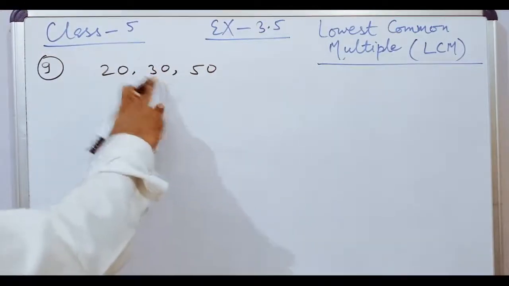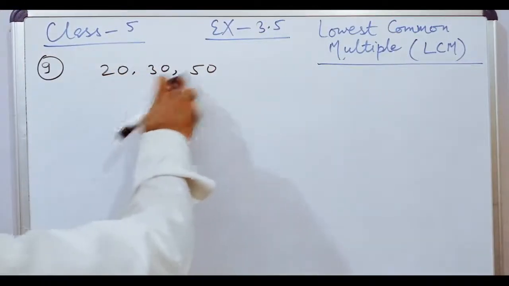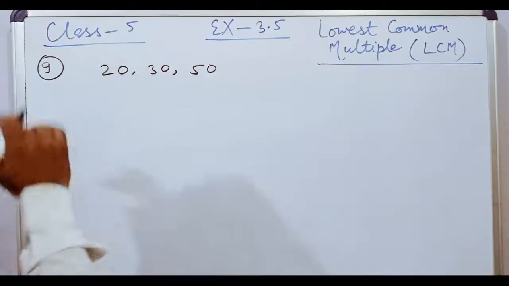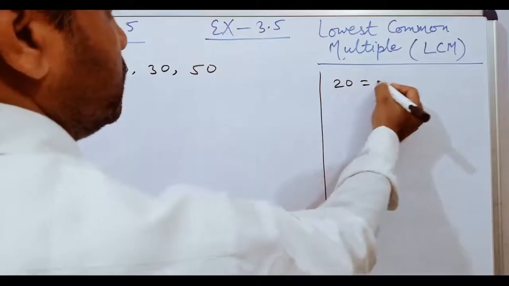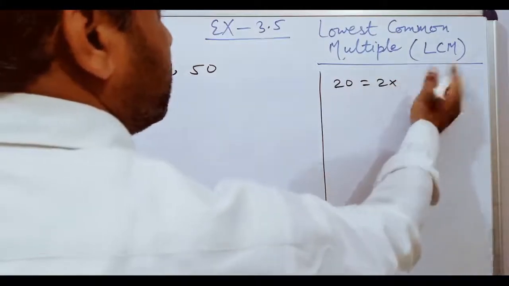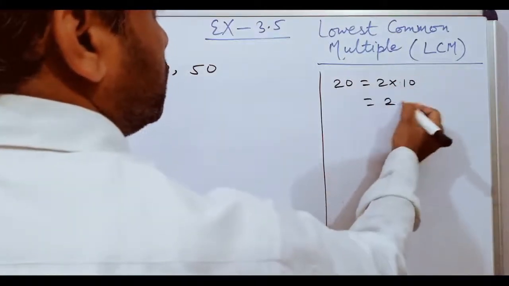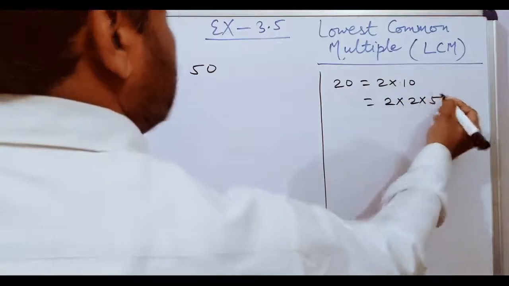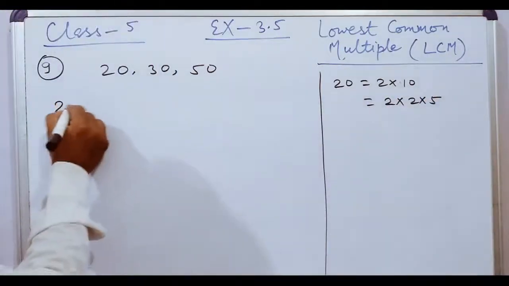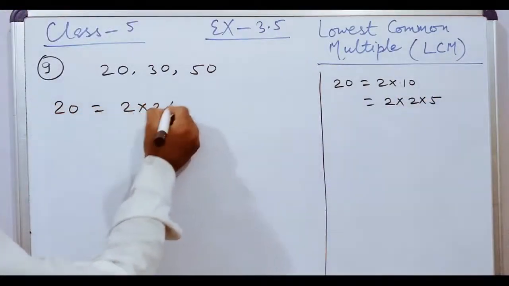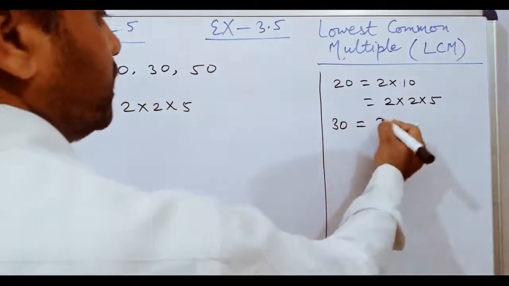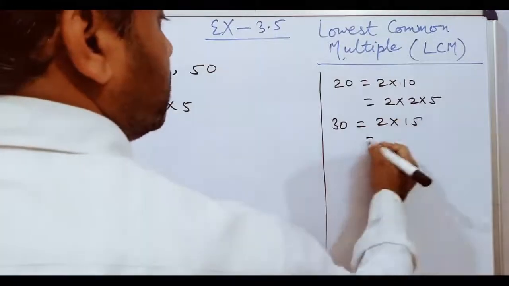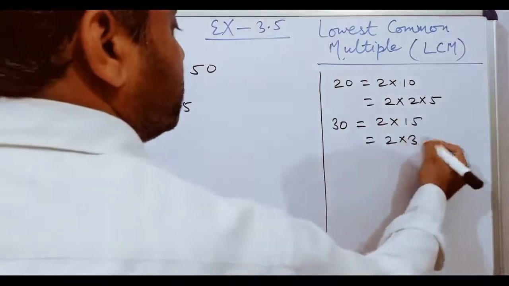Next, we have to find the LCM of 20, 30, 50. Factorize 20: 20 equals 2 into 10, 2 into 2 into 5. Now factorize 30: 2 into 15, and 15 can be written 3 into 5.